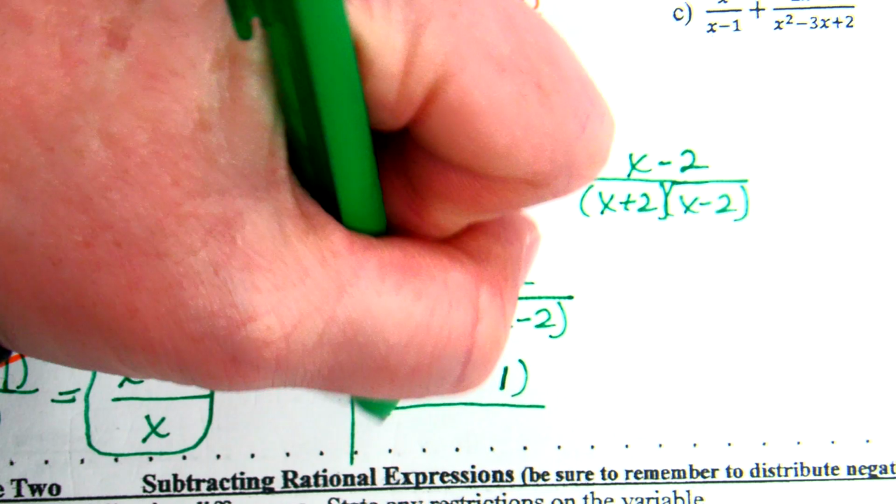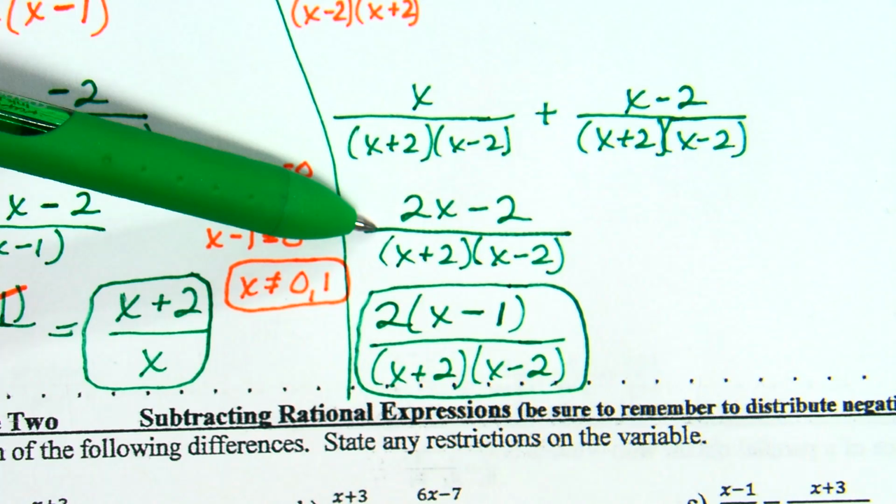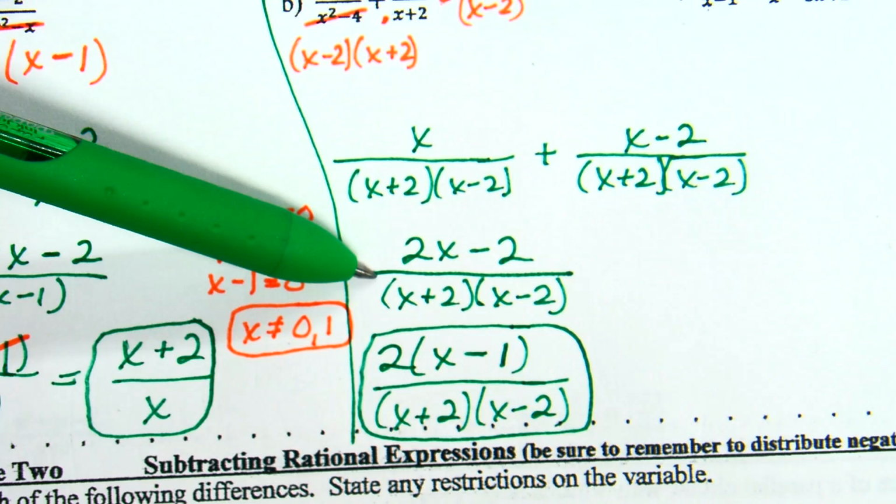The question is, does Math Excel share that opinion? Maybe. I'm not going to guarantee it. Okay? So, you could leave your answer either way. I would be fine with either. Math Excel may or may not like the unfactored version.